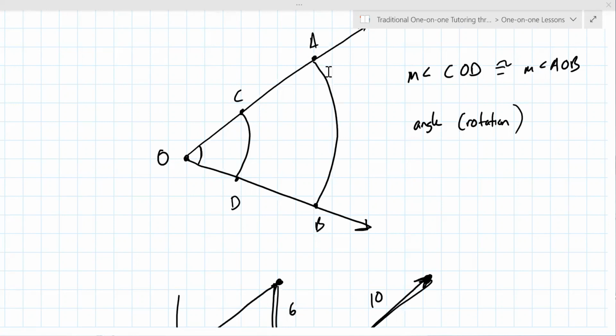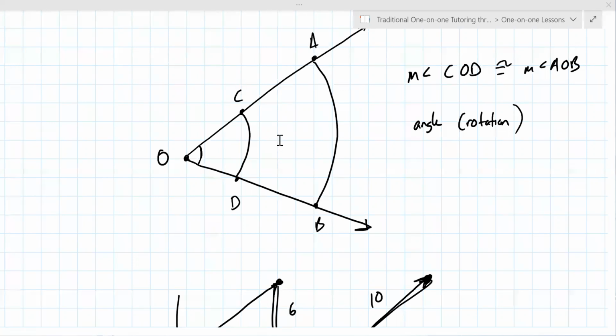So does that mean the angle's like the curvature of the line segment inside that? The angle is the amount of rotation from one ray to another. So it has the same rotation even though it has a different length. Yes. Okay, that makes more sense.